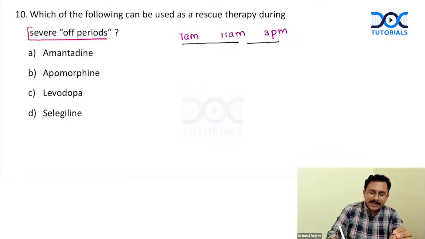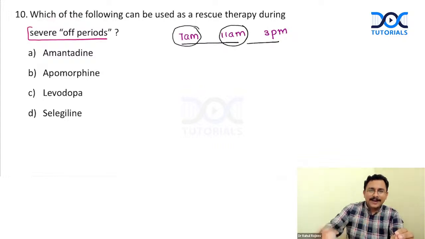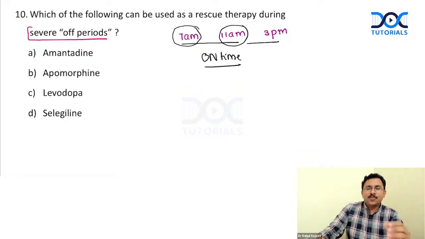The patient would say that from 7 a.m., once he starts taking the tablet, to 11 a.m., he's fine, he's doing well, he's in on time. But as the disease duration progresses, the on time reduces and the off time increases. So the patient might say, doctor, from 7 a.m. to around 9 o'clock, I am doing good. But after that, it seems that the drug benefit is relatively lost. So that's called an off period, when you do not have adequate dopamine levels.